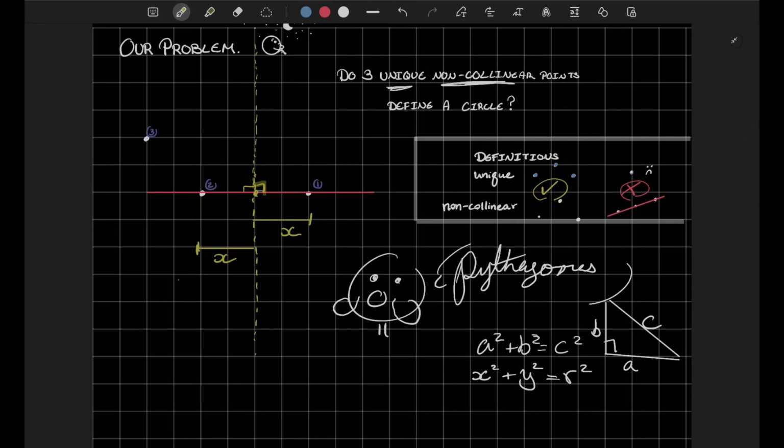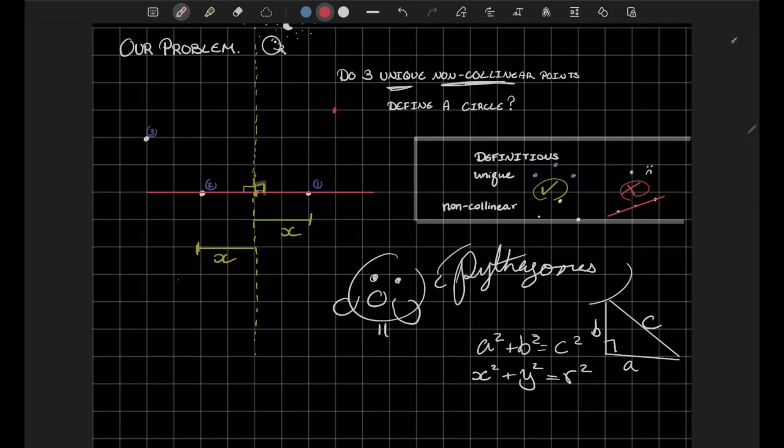Okay, that's good. Can it be somewhere else? Maybe like here? I'll give you a few seconds to think about that, and now I'll say no, it doesn't work. Because here we have the same y, the same vertical distance, but now they have different horizontal distances. Maybe I shouldn't put it right above.